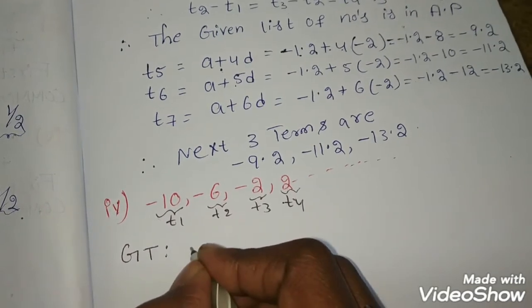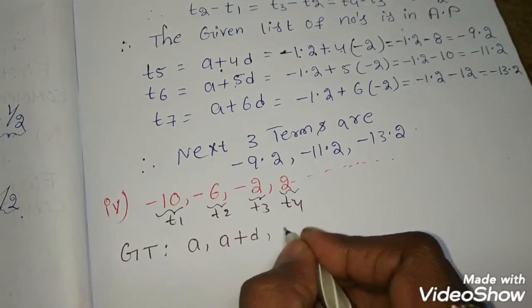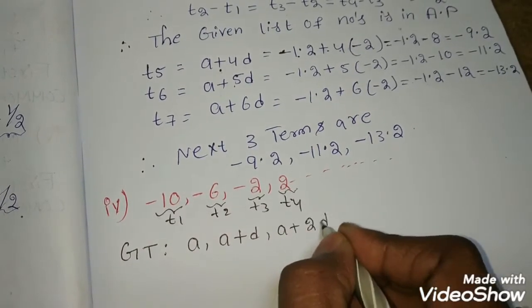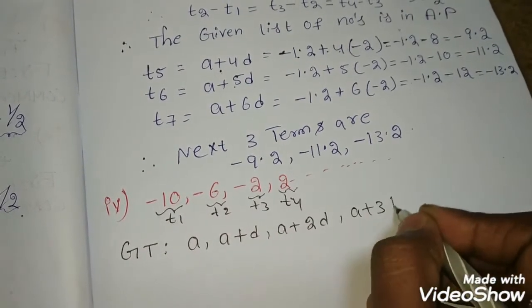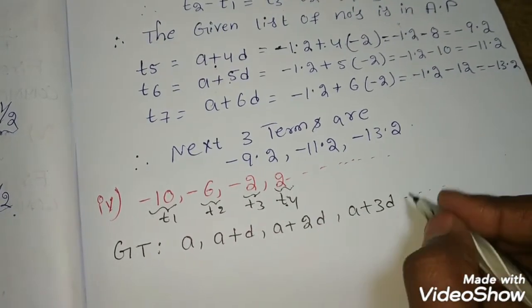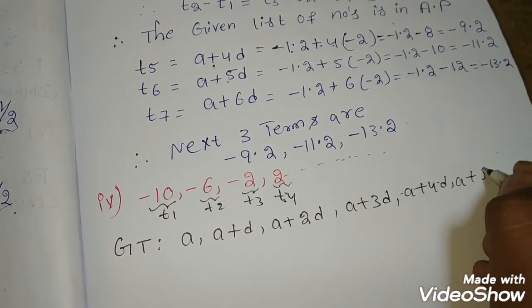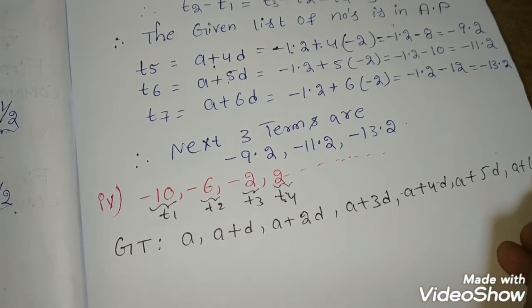The general term of an arithmetic progression is a, a plus d, a plus 2d, a plus 3d, and so on. We need to write some more, no? a plus 4d, a plus 5d, a plus 6d.